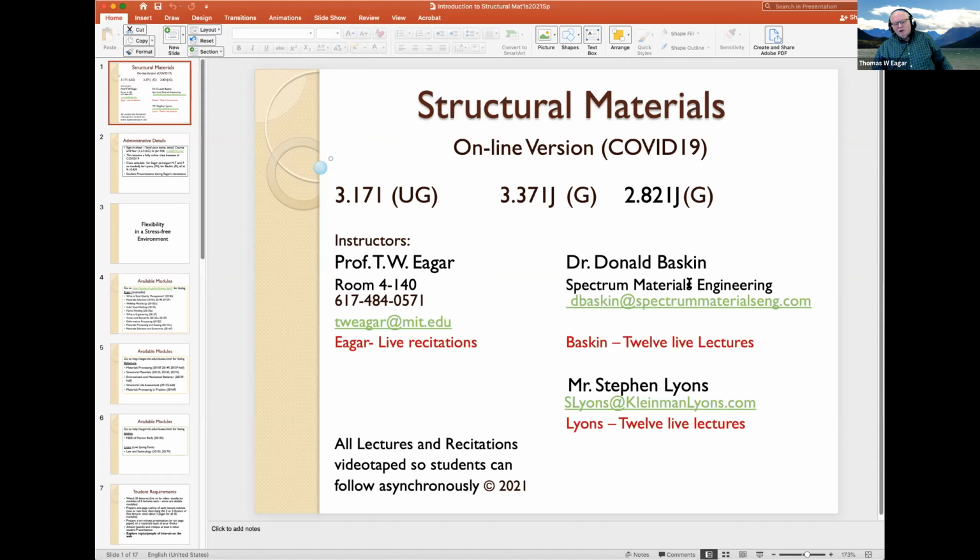Don's specialty at Mercedes Chrysler, or whatever it's called, Daimler Chrysler, was design of lightweight structural materials, structural systems. And he uses both automobiles and bicycles in his lectures as examples of how do you really design a product using both materials and the geometry to get the lightest weight structure.